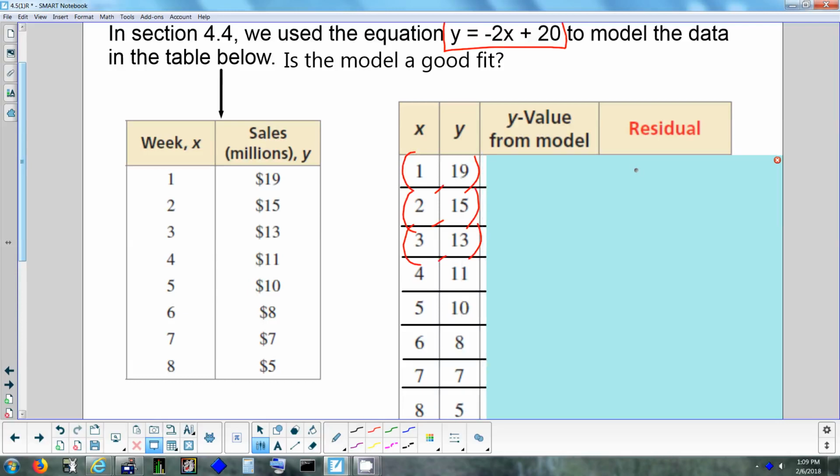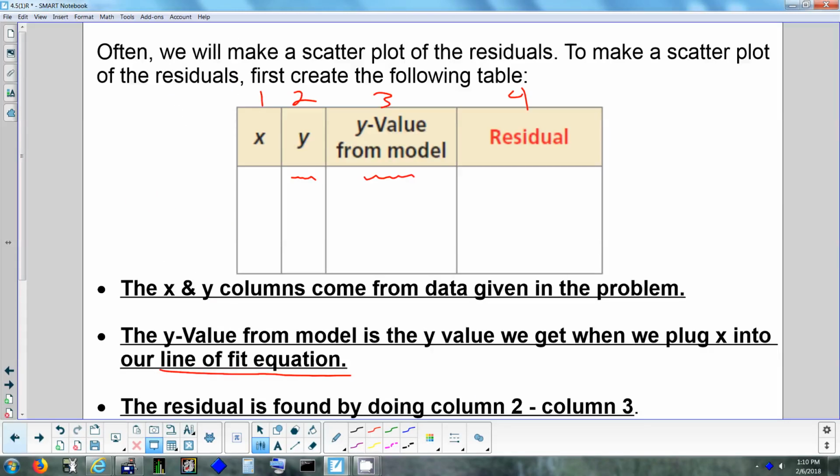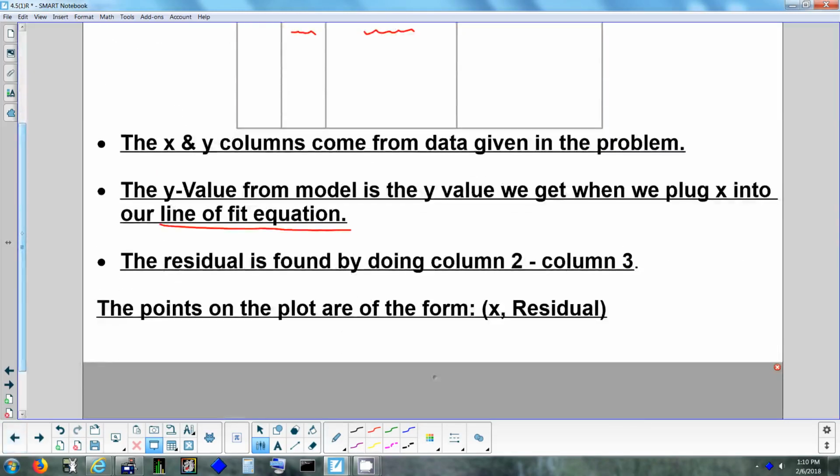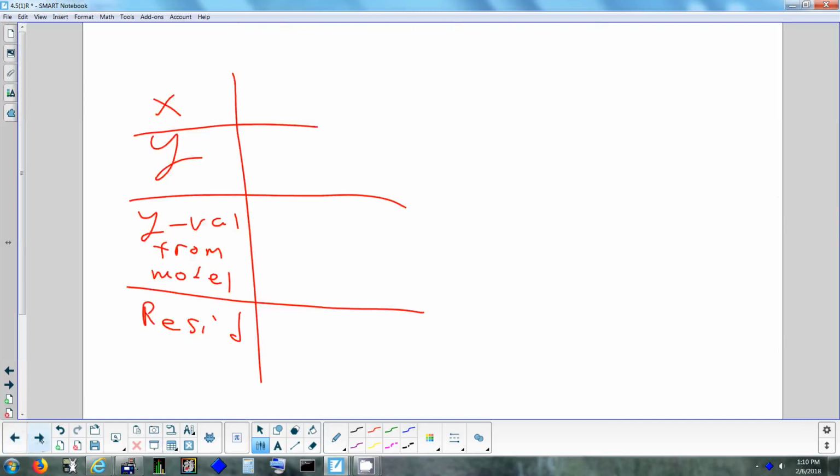Now, the Y value from the model. What is the model? What's the equation? Y equals -2x plus 20. There you go, right there. That's the model. So let's go back and look at our directions. The Y value from the model is what you get when you plug in X into the equation that Xander just said.